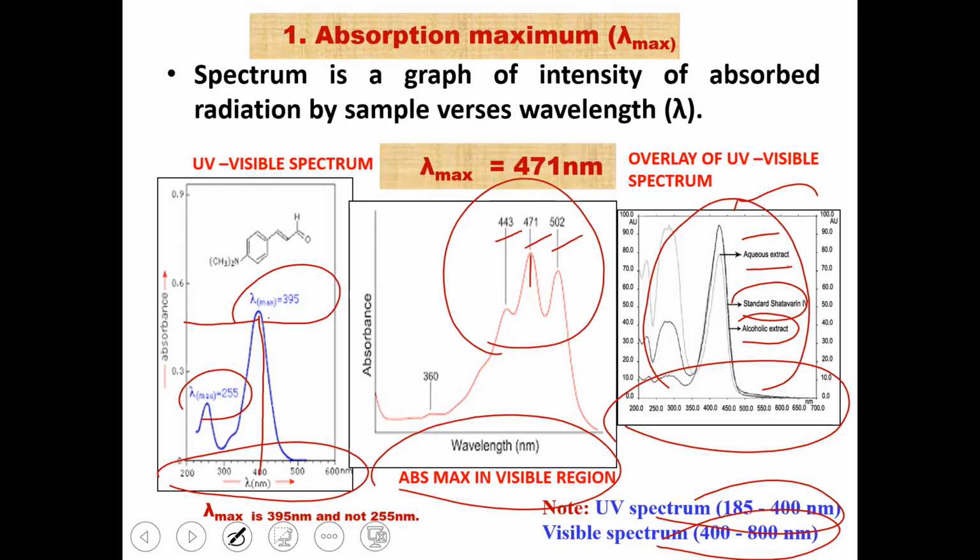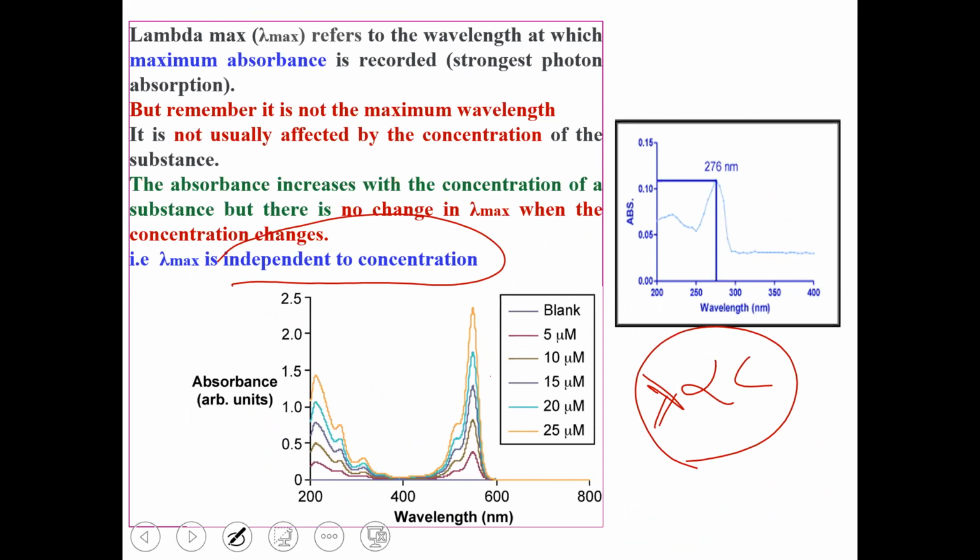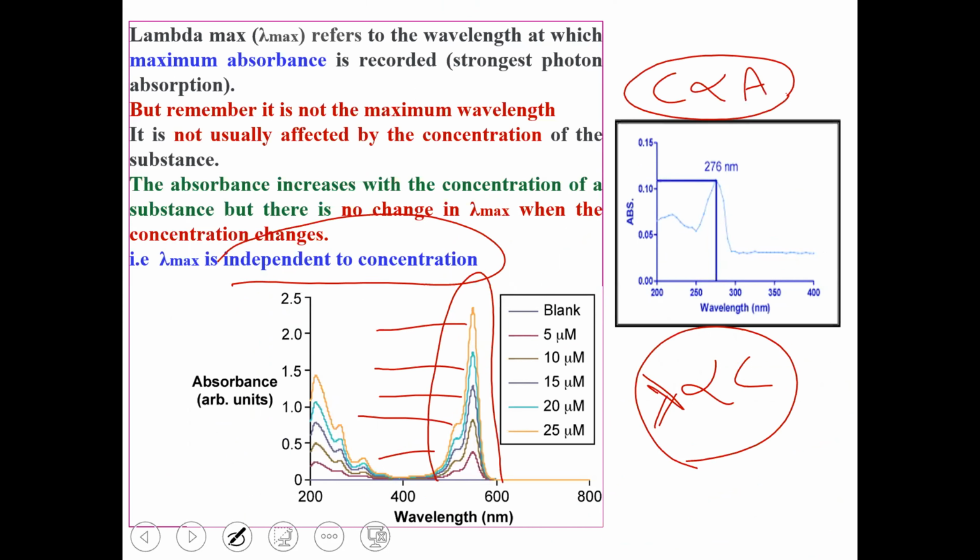And the next we are going to discuss how the lambda is related to the concentration. Definitely it is not dependent, it is independent of concentration. So when you increase the concentration, of course, you can see there is an increase in the absorbance, right? Your peak height is increasing from 5 to 25. There is a serial increase in the concentration, because we know that concentration is directly proportional to absorbance according to Beer's law.